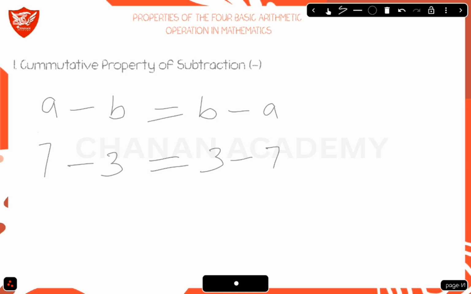So you see 7 minus 3, we have 4. 3 minus 7, we have minus 4, which means A minus B is not equal to B minus A. So 7 minus 3 is not equal to 3 minus 7.